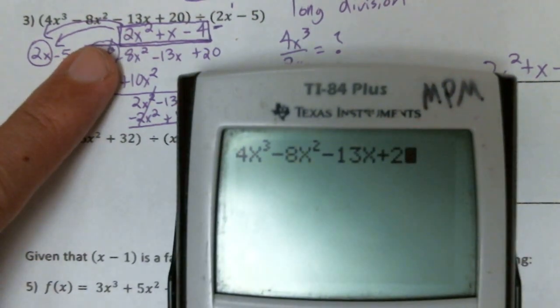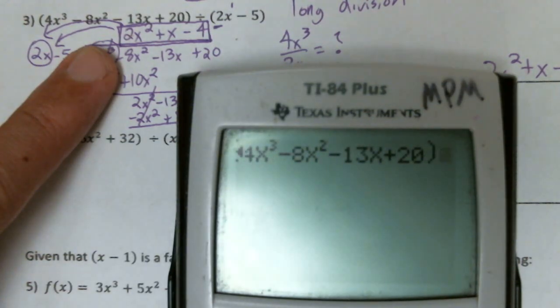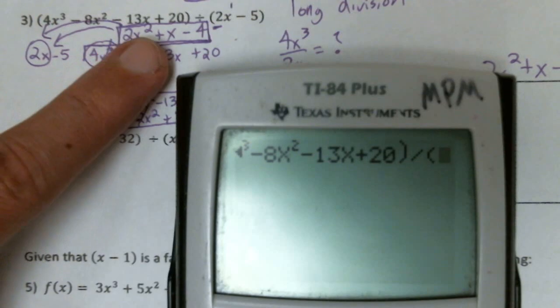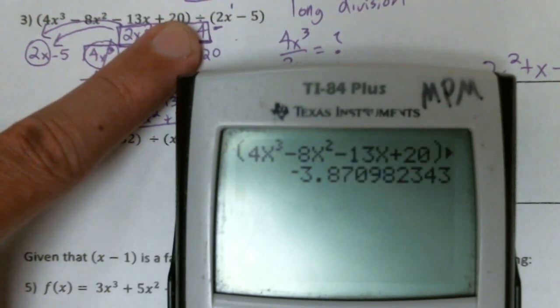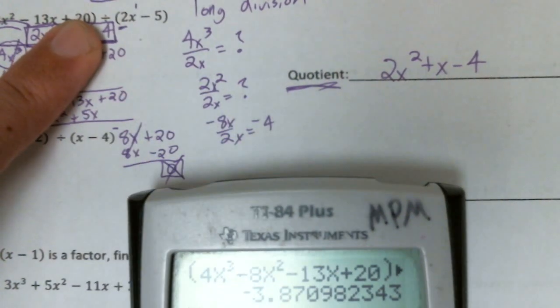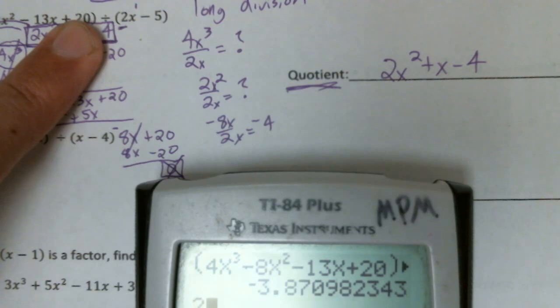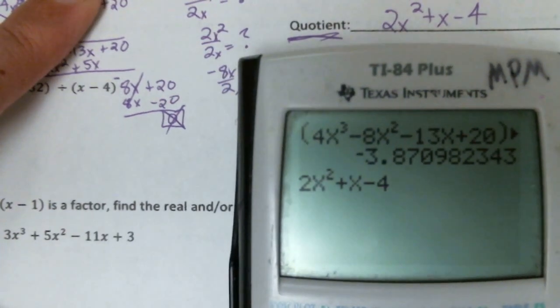Actually, I should have put that in parentheses, so insert parentheses, divided by parentheses 2x minus 5. We get some number, don't care what that number is. We're saying that that's equivalent to 2x squared plus x minus 4. They match.